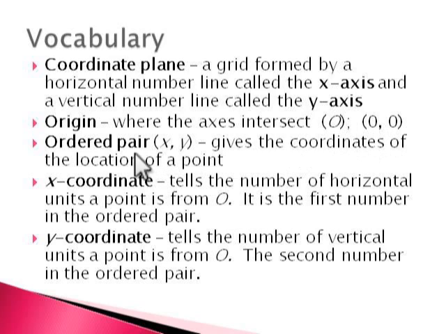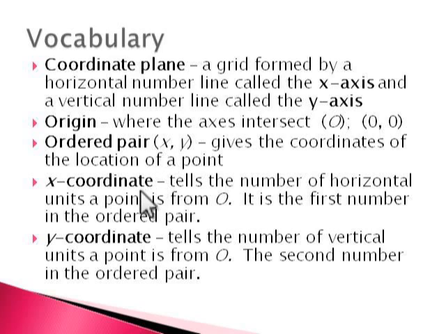An ordered pair, like the 0, 0, gives the coordinates of a point on this coordinate plane. This will make sense to you when we look at an example, I promise. We always list the ordered pair with the x first. So you can think of that as alphabetically. You'll always keep the x first.